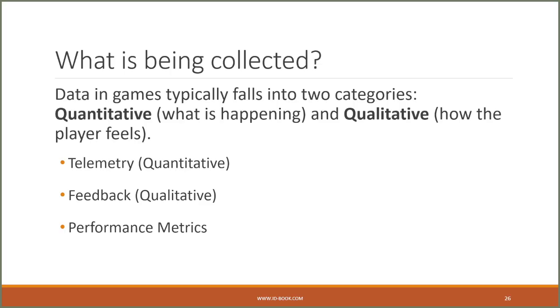And then performance metrics are technical data regarding frame rates, crash logs, loading time across different hardware configurations, and things like that. Again, they come to the developer automatically. As a game designer, as a game developer, you need to create those types of systems to make sure the data comes to you.